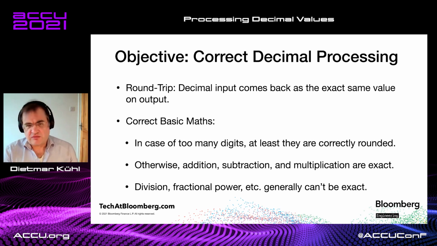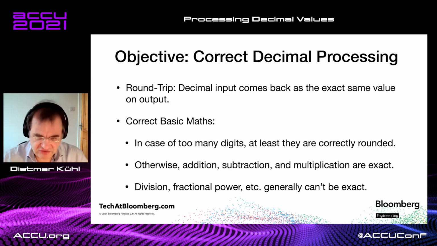Division, in general, can only be exact if you have an infinite size representation or an arbitrary size representation, and you can basically represent a numerator-denominator thing. Fractional powers, for example, the only way to represent them exactly in general is actually symbolic, because the power potentially produces infinite amounts of digits.